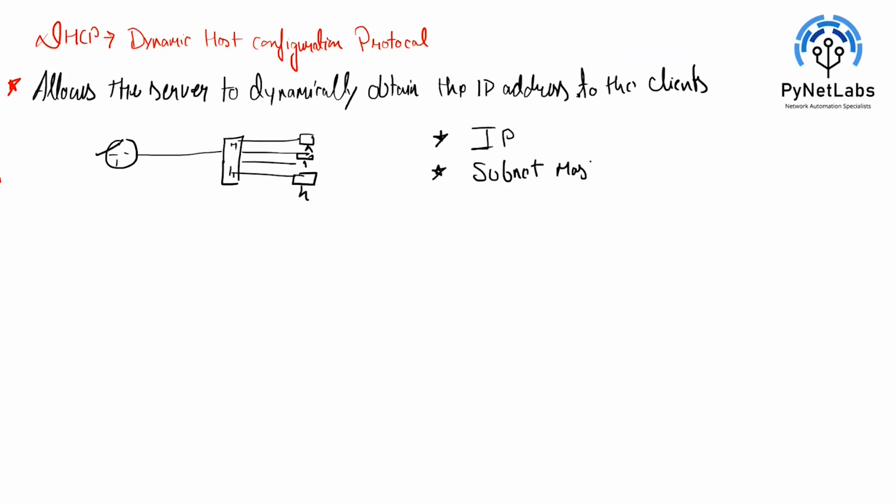Everybody knows now what subnet mask is. It also provides the default gateway, and lastly your DNS server. So these are the details which your DHCP server is going to give to your client machine. Now tell me guys, any of the terms you are not familiar with: IP, subnet, default gateway, DNS?